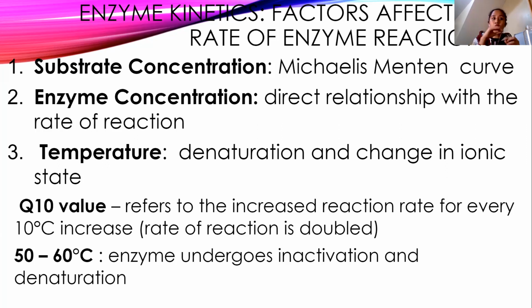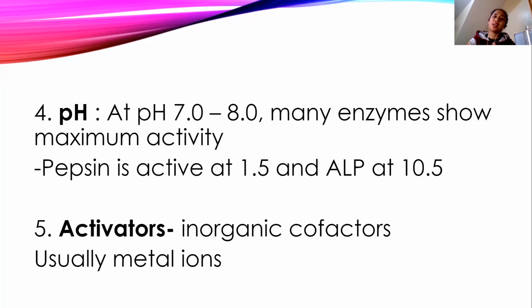If you start at 0 and incrementally increase the temperature to 10, 20, 30, 40 degrees Celsius, the enzyme reaction just speeds up and the rate increases. But once you reach 50, 60, 70, 100 degrees Celsius, class, it becomes inactivated and denatured, just like any other protein, guys. Diba? Protein ang enzymes.